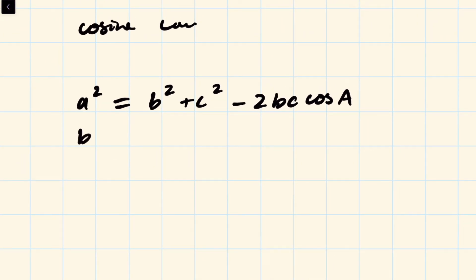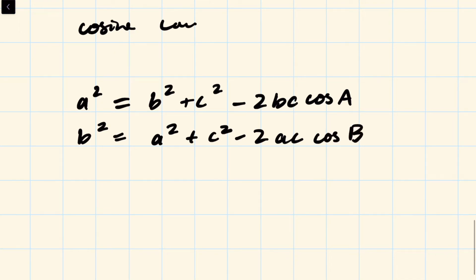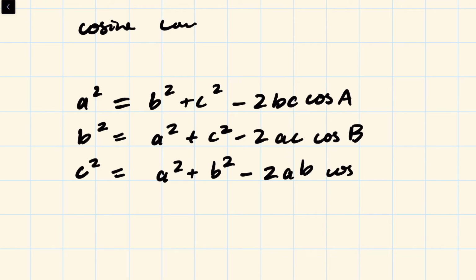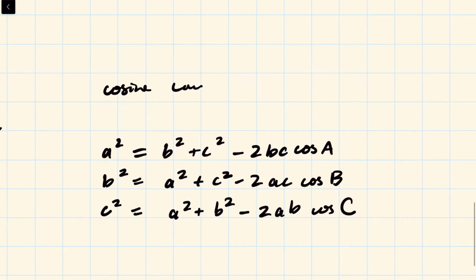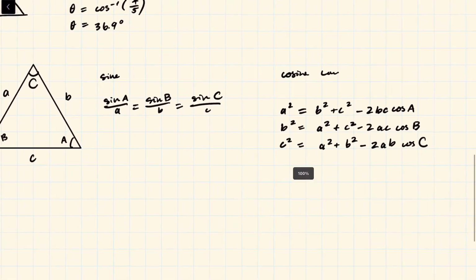b squared equals a squared plus c squared minus 2ac cos B. c squared equals a squared plus b squared minus 2ab cos C. Okay, so yeah, the cosine law is a little bit of a hassle to remember.